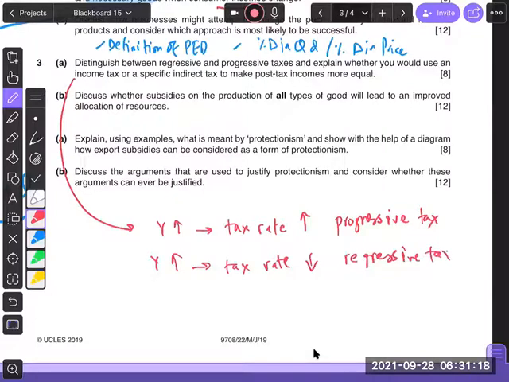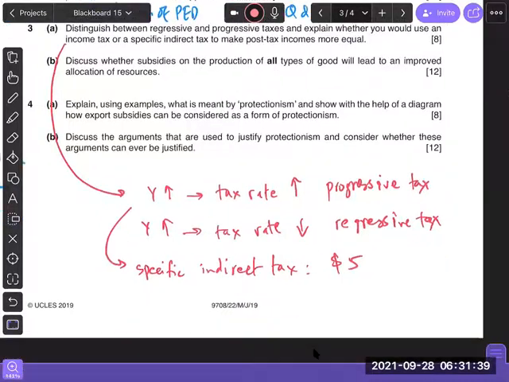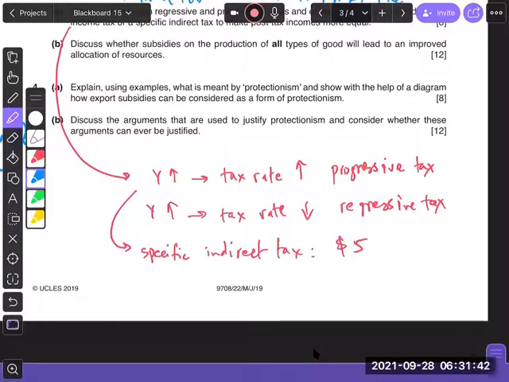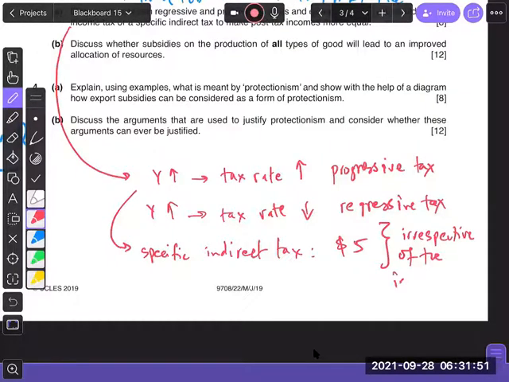A good example of a regressive tax would be what we call a specific indirect tax, which is a flat amount of $5. So irrespective of the rich or the poor, whoever buys the good will pay a $5 tax. This is irrespective of the income.